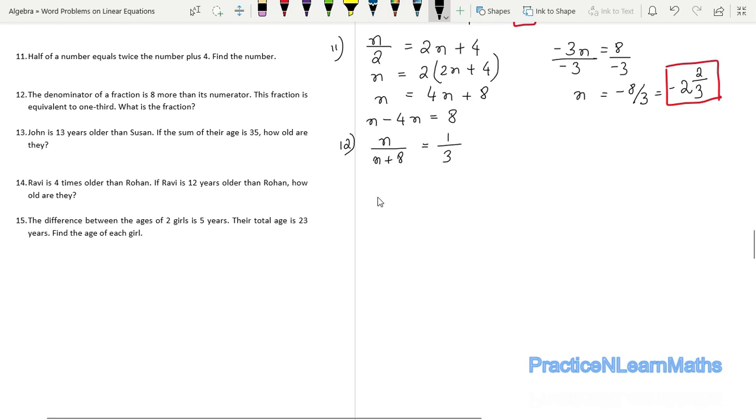Now we cross multiply this, we get 3n is equal to n plus 8. Subtract n from both sides. We get 2n is equal to 8. Divide both sides by 2. We get n is equal to 4. And that's the answer.